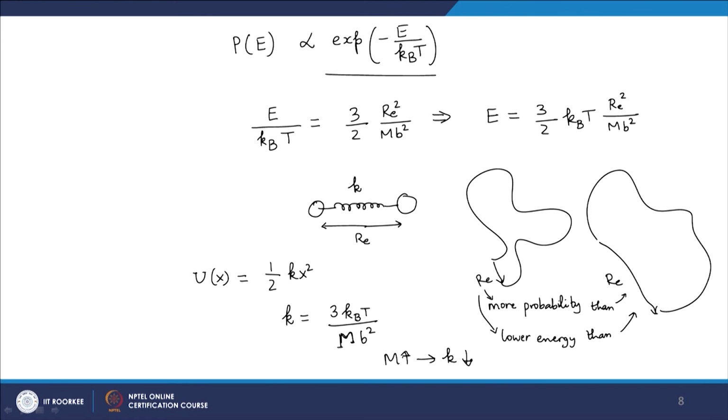Okay. So, as we have a longer polymer chain, it will have more flexibility because the value of the spring constant is lesser. In other words, since the elastic energy is half k x square, it will cause lesser energy penalty if I try to stretch the spring than compared to the case when k was higher, which will happen for the case when m is lesser.